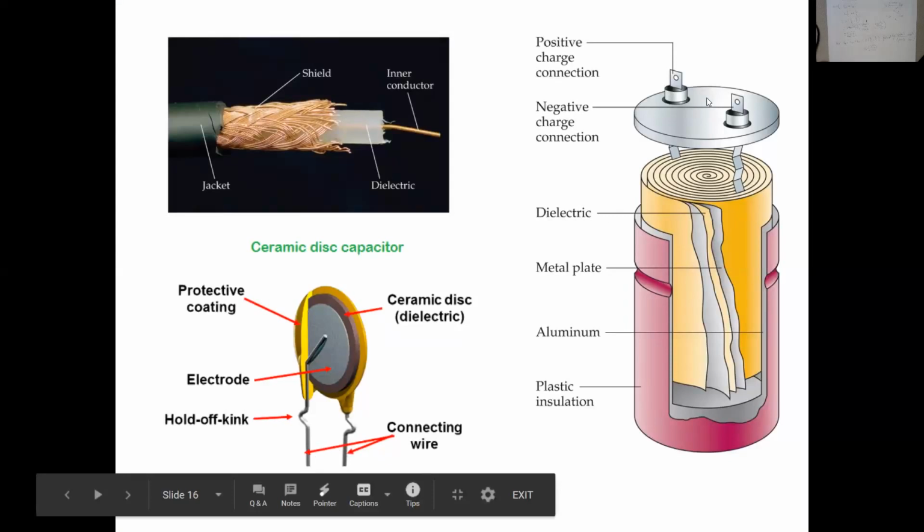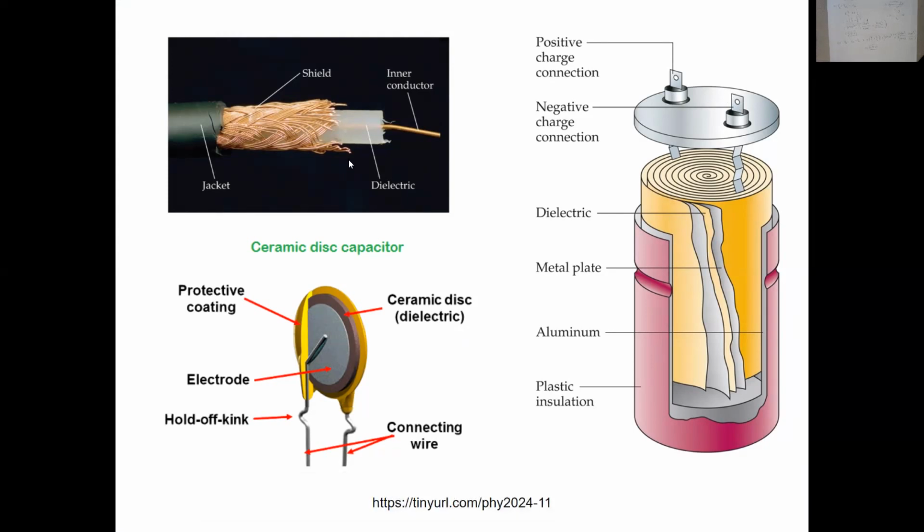If you have a cable wire like this, it is itself actually a capacitor. It has a metal in the middle, then a metal shield at the outer part, separated by an insulator called a dielectric here. The outside jacket is the housing, which keeps the metal from being directly exposed to you. So it is itself a capacitor.